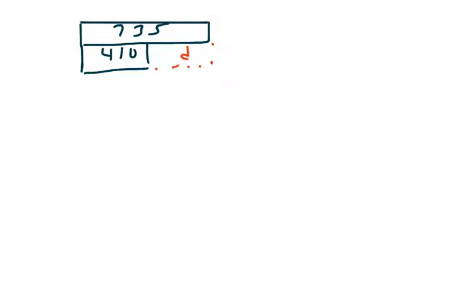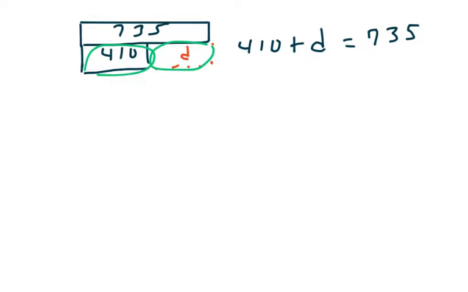So here we have 735, 410, and D. If you look at this, we have the 410 average plus D. Do you see that? We take this one here plus this one here. The total that we want to find out is the 735 average. So 410 plus something.